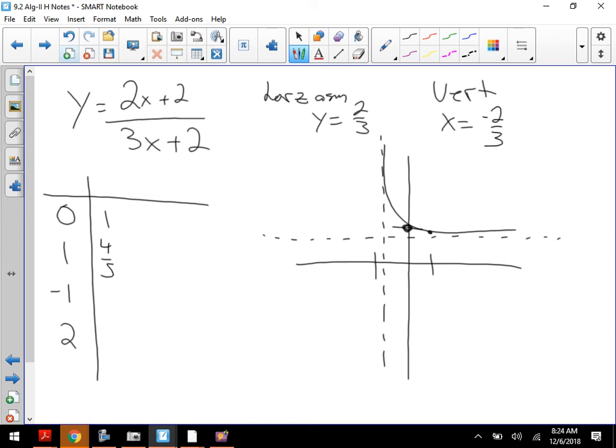If I use -1, my numerator becomes what? 0. My denominator does not, so that's good. So I know that -1 is at 0. That's convenient. If I use 2, what is it? 6 in the numerator, 8 in the denominator, 6/8, so 3/4.